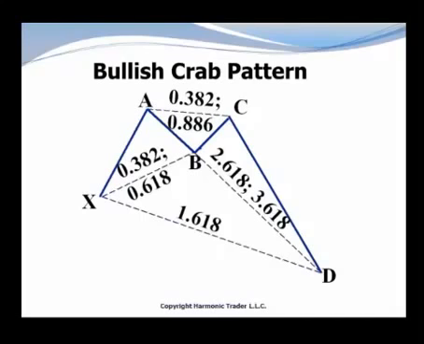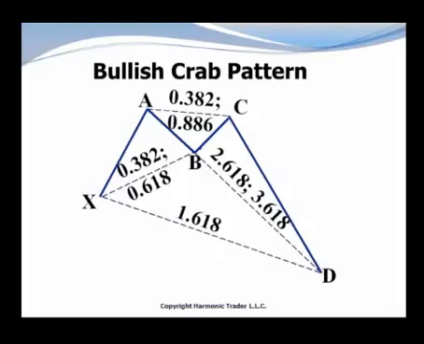In most cases, I've found that the crab is going to have a 1.618 alternate AB equals CD. We do allow the 1.27, which still signifies valid structures, but in most cases we're looking at the 1.618 alternate AB equals CD, and this is going to be the highest number in the potential reversal zone.